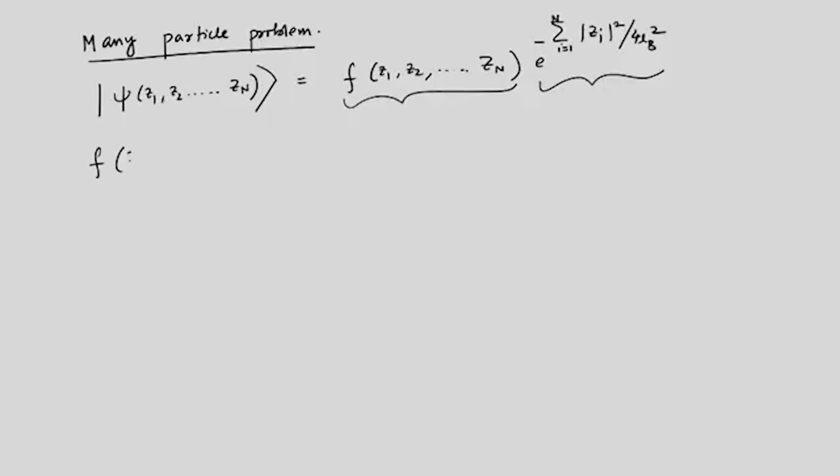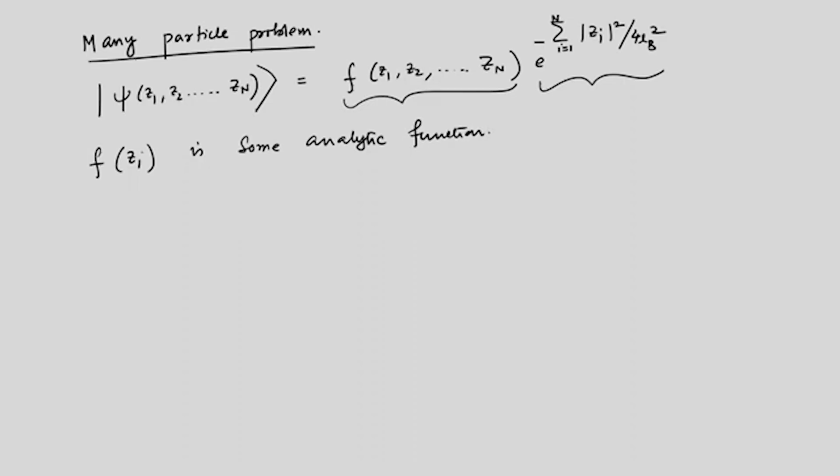Okay, so this is what we have done, and so f of z, let's call it f of zi, is some analytic function. It means that it is a well behaved function everywhere for all coordinates z1, z2 and so on.